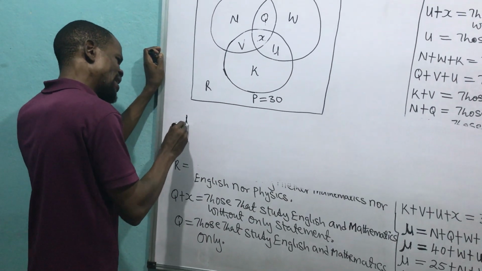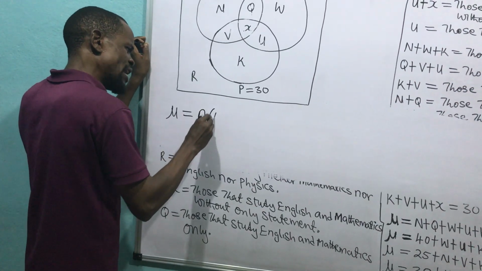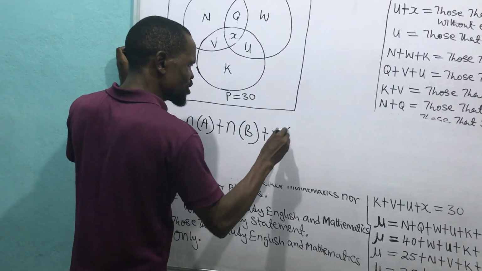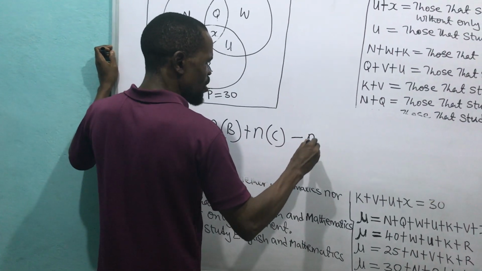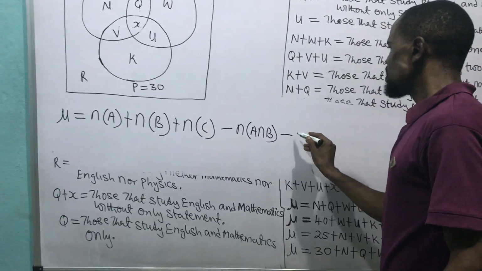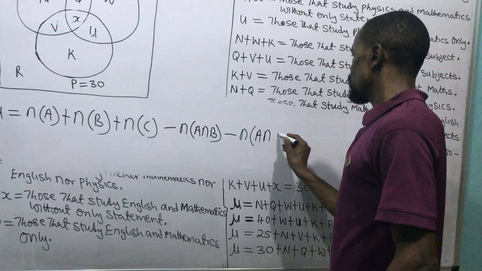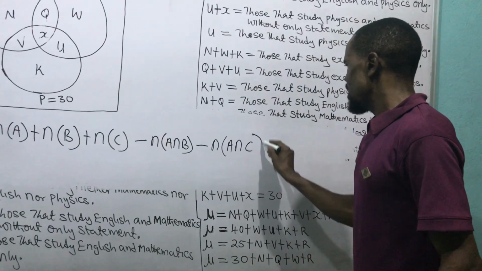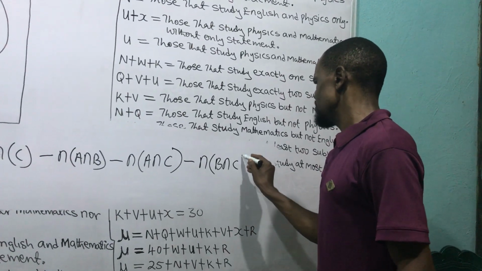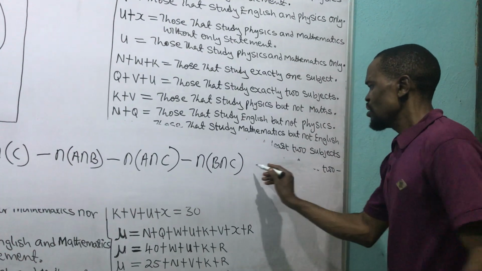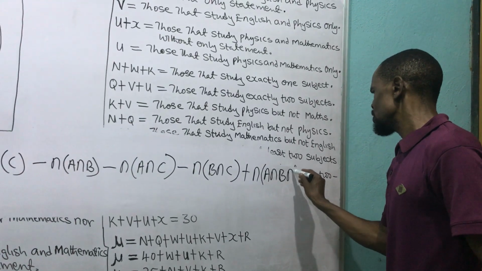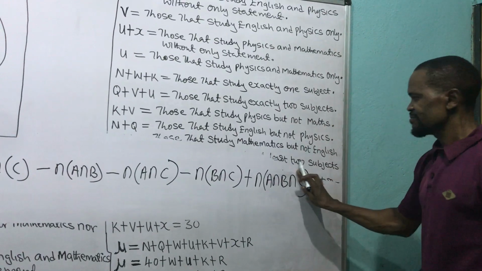We say that mu again is equal to number of A plus number of B plus number of C minus number of A intersect B, minus again number of A intersect C, then minus again number of B intersect C. Then finally, plus number of A intersect B intersect C. That's what we have over there.